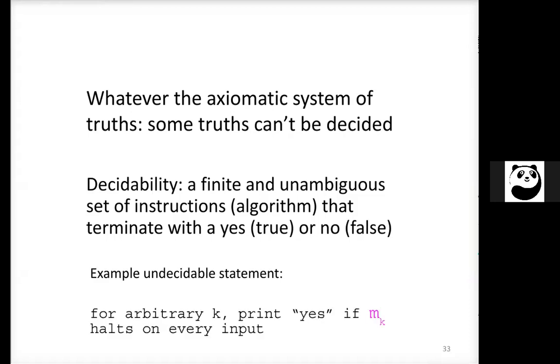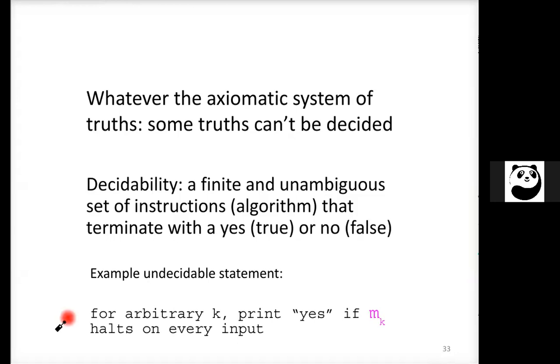So that takes care of decidability. Of course, the machine MK that I told you about is not the only such machine. It's contrived, and we use it to arrive at an answer regarding decidability. But there are other non-contrived statements that cannot be decided.